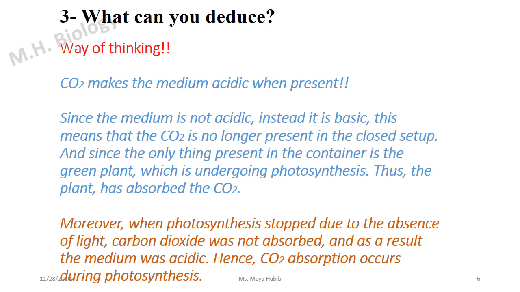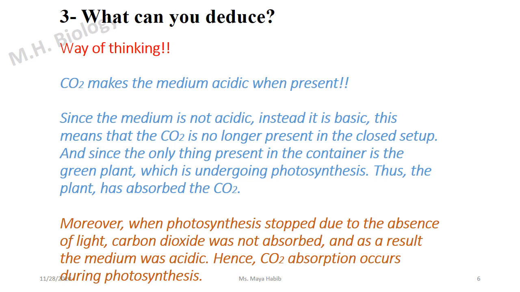Now, what can we deduce from such experimental results? If we think about it, carbon dioxide makes the medium acidic, but the result indicates that the medium is not acidic, instead it is basic, since the phenolphthalein pH indicator has given a dark pink color. This means that the carbon dioxide is no longer present in the closed container.